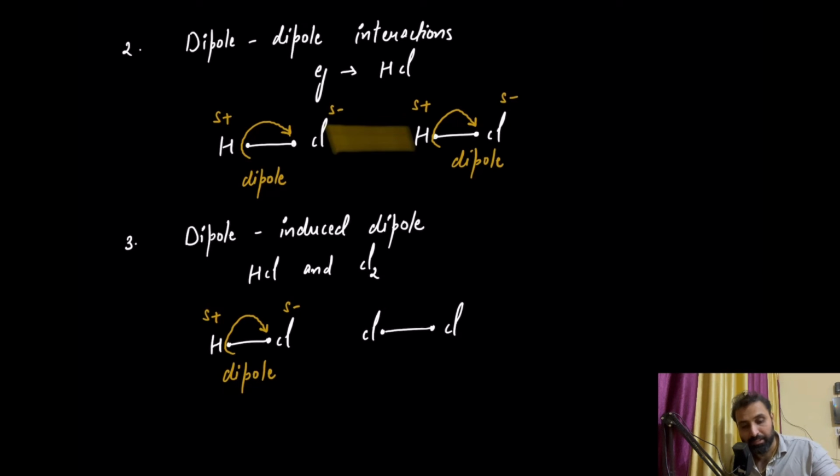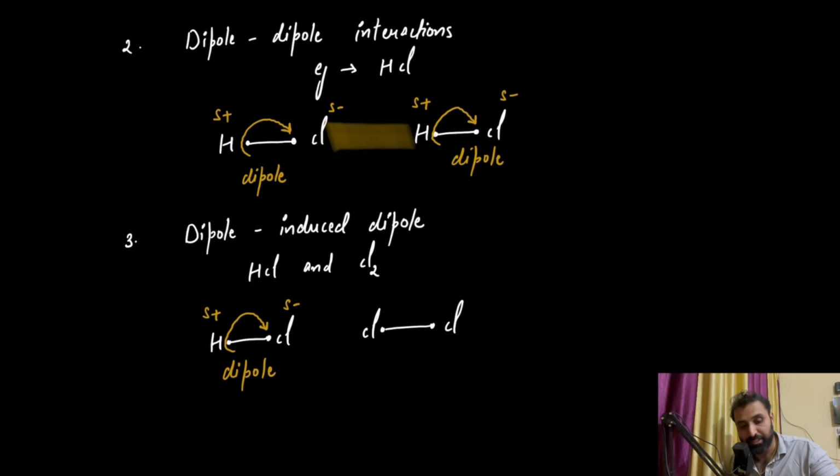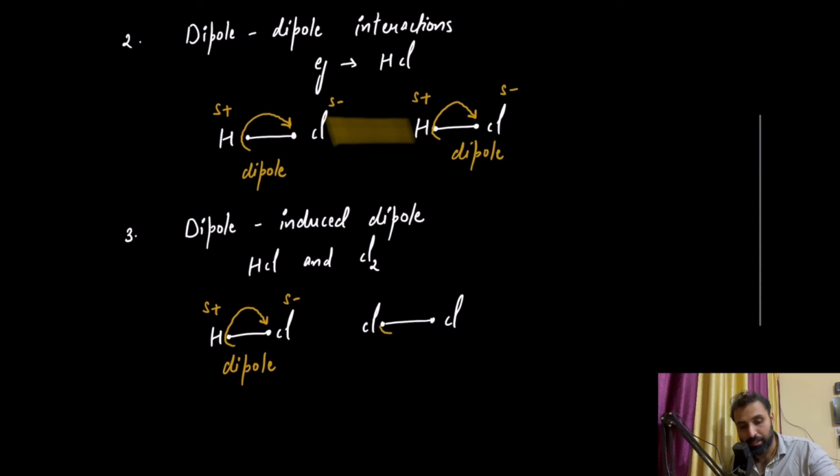So in this case, there will be the shifting of charge in the Cl2 molecule and it will shift like this. One chlorine will acquire a delta negative charge, another chlorine will acquire a delta positive charge, and this is the induction of polarity once the non-polar bond approaches the polar bond. So the Cl2 molecule will be called an induced dipole in this case.